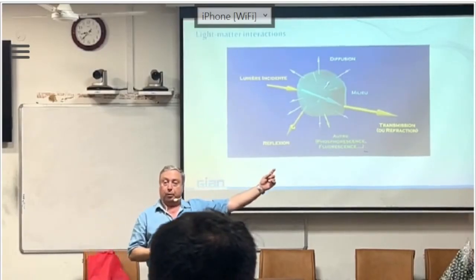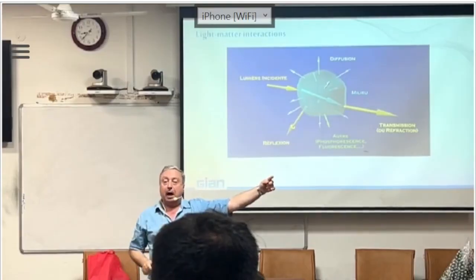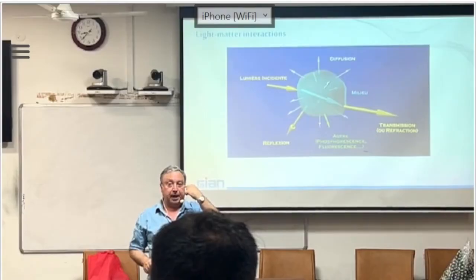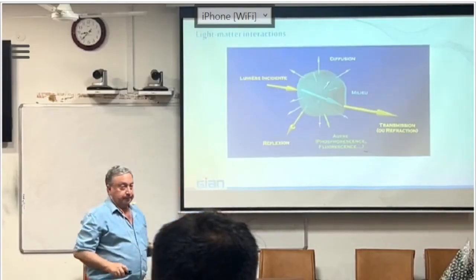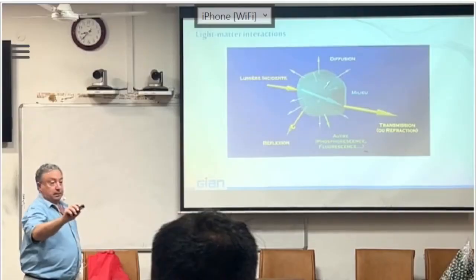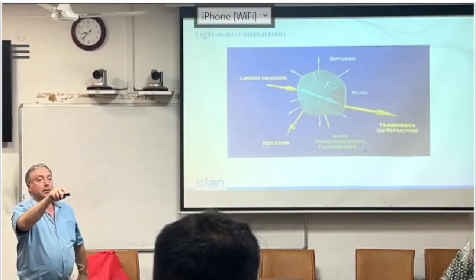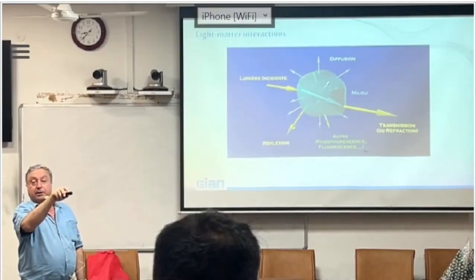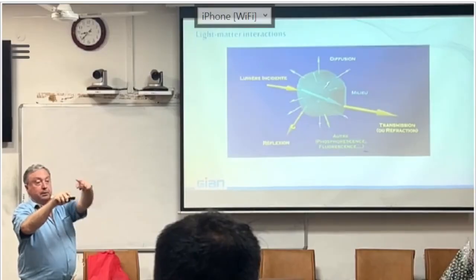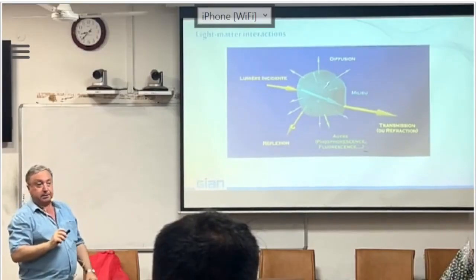Only if you go to exactly the other angle that corresponds to the reflection will you get the spot in the eye, and this is not very friendly. And the same thing, you don't see the beam. You see just the spot, because the beam is not diffusing in the space.